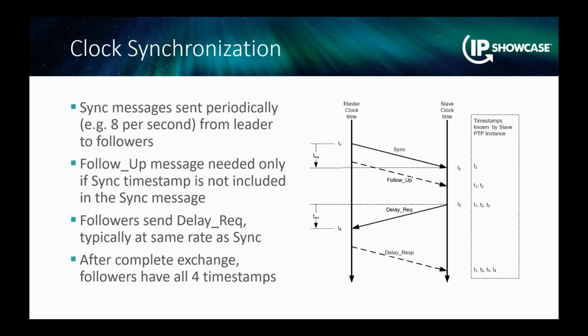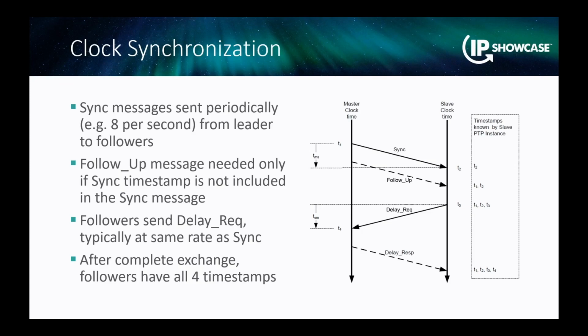If that's not possible, the timestamp is still recorded by other hardware, and we send a follow-up message sometime later that does contain the value of T1. So T1, even if it comes in the follow-up message, is the timestamp of the sync message, not of the follow-up. On the follower side, we receive that and mark it as T2.